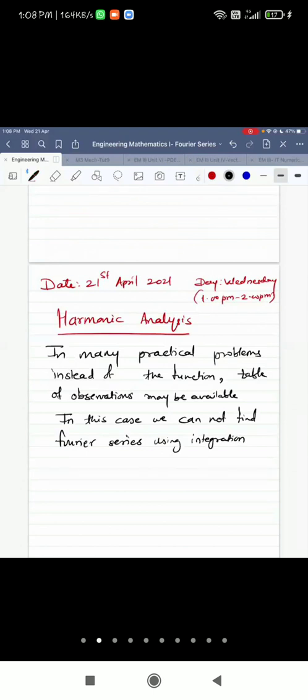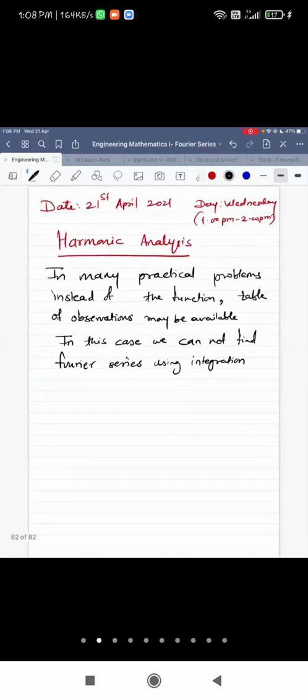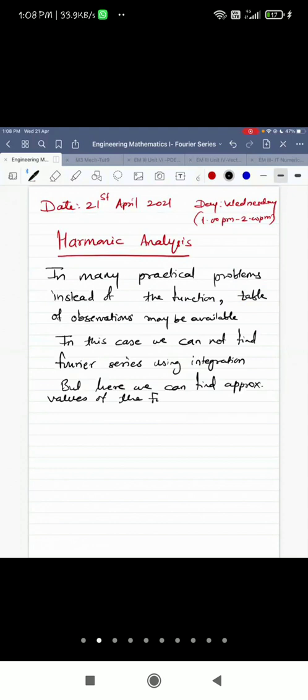But here we can find approximate values of the Fourier coefficients, not all, but the first few coefficients.